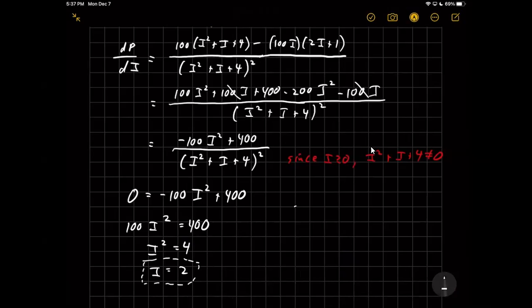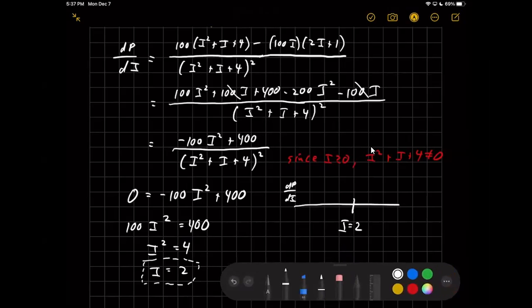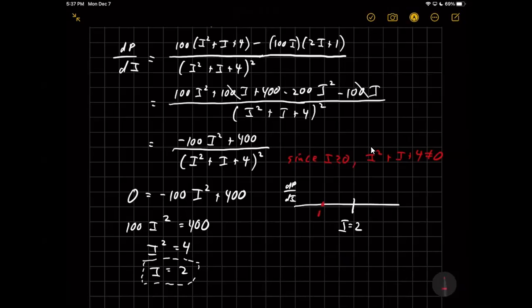Let's just verify that that in fact will give us a maximum. Okay, so we're going to look at dP/dI. We can't go down to I equals 0, so let's try an easy point like 1 over here, and an easy point like 3 on the other side.